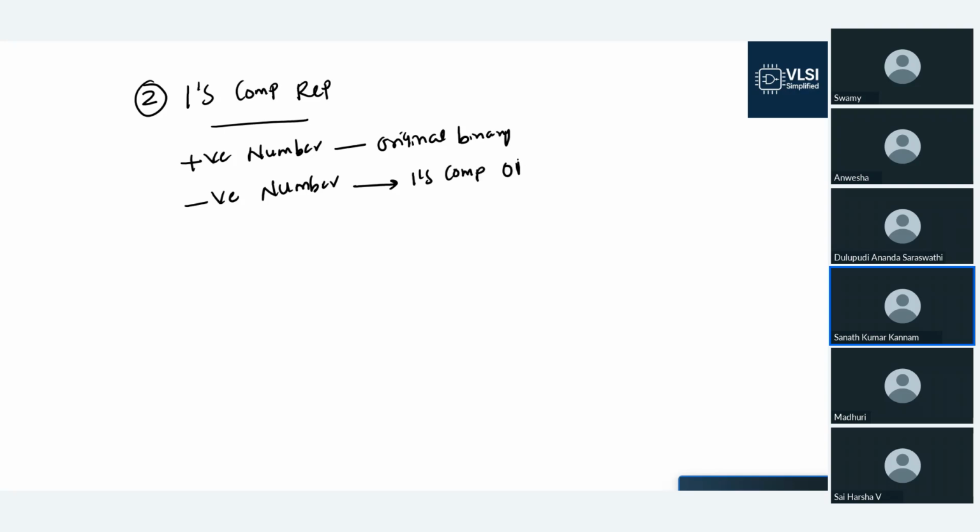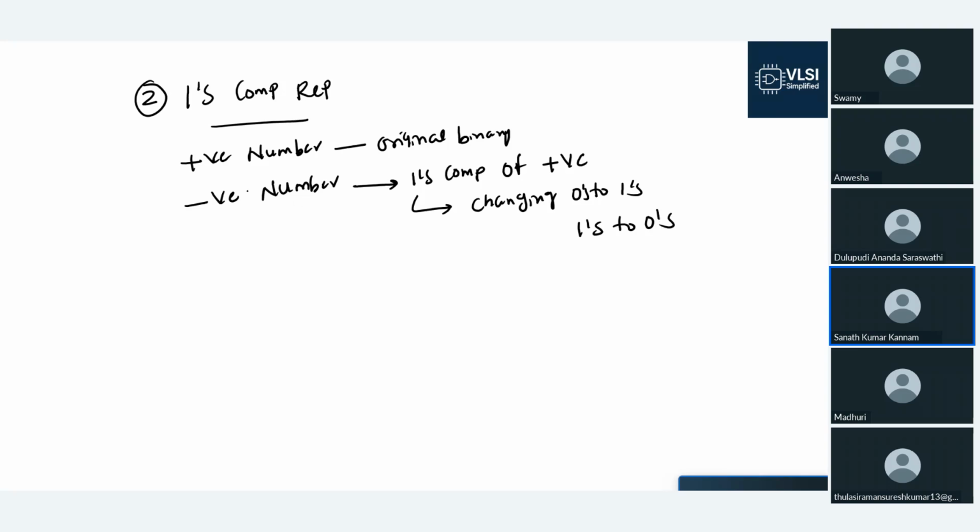By taking the 1's complement of a positive number, you get the negative number. How to apply 1's complement, I think you know: simply change 0's to 1's and 1's to 0's.